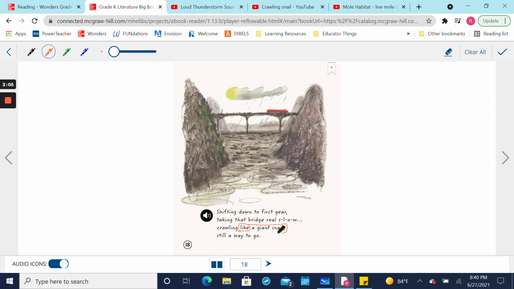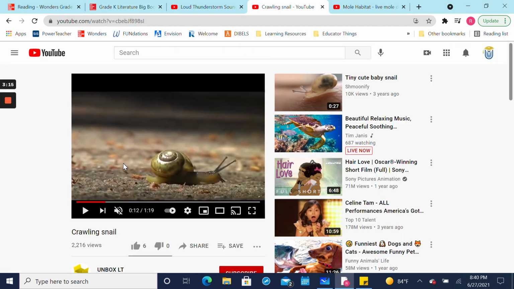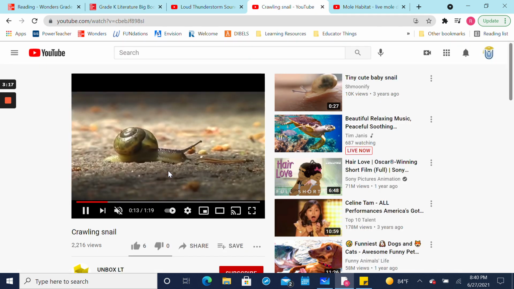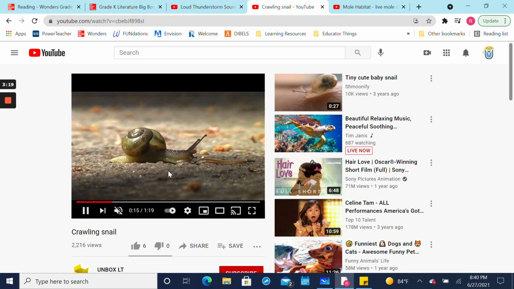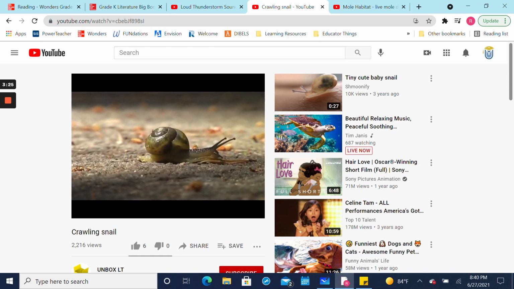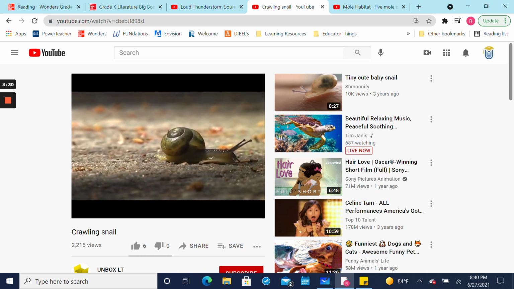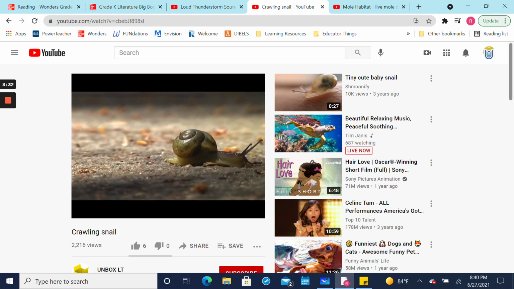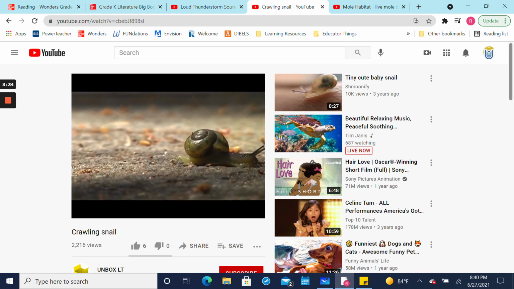So for some of my friends who may not know what a snail looks like, let's just quickly look at how a snail is moving. My question to my friends is, is the snail moving fast or is the snail moving slow? He's moving very slow.